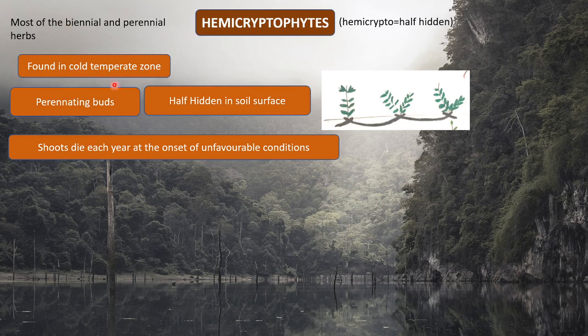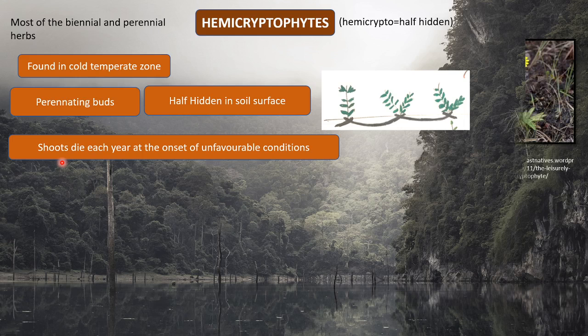So such areas have these kind of buds where they can hide their perennating buds, right? Therefore these plants' shoots die each year on the onset of unfavorable conditions.